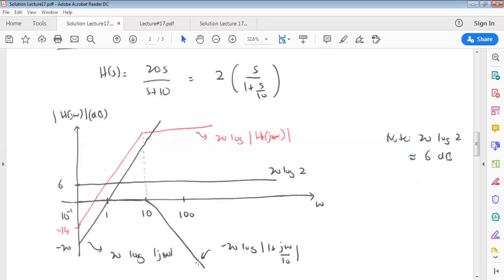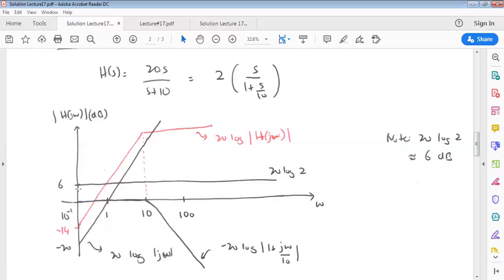In order to obtain the final plot, I think I've taught you in lecture 16. We have a constant of 6 dB. Since we are using the starting frequency of 10 to the power of negative 1, the plot for the zero at the origin will start at negative 20 dB, because the slope is 20 dB per decade.